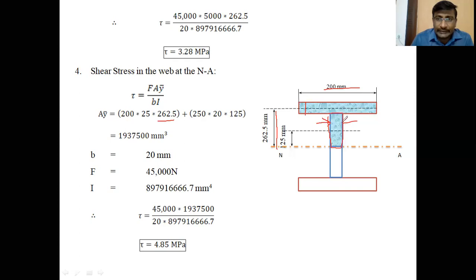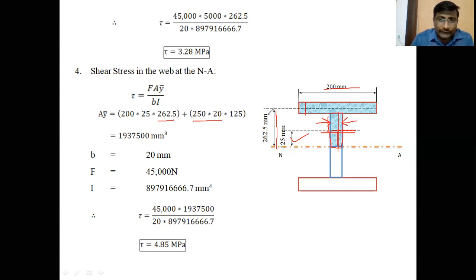So 250 into 20 is A2, into Y2, which is the center of gravity distance of this area from the neutral axis. Of the total 250 height, the CG distance is 250 by 2, that is 125 mm.